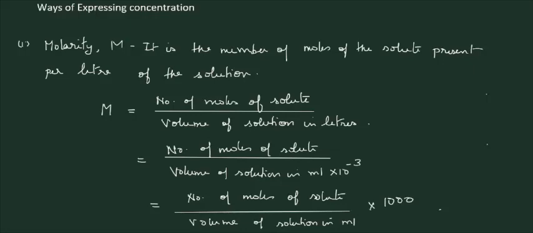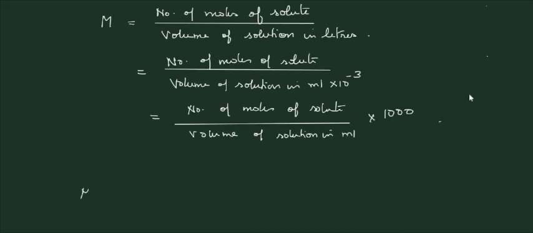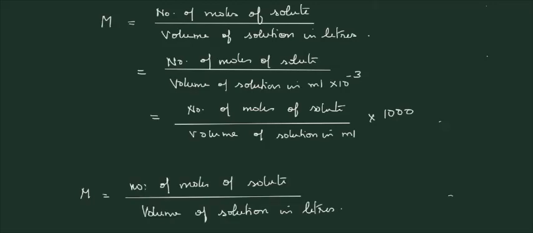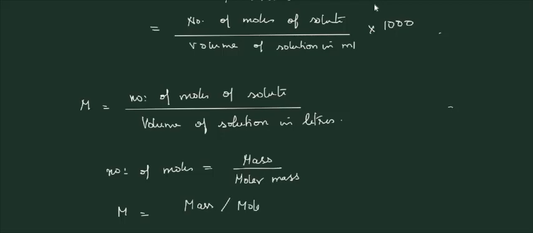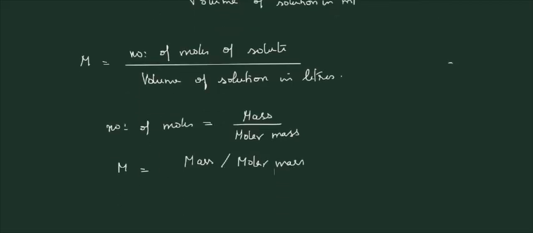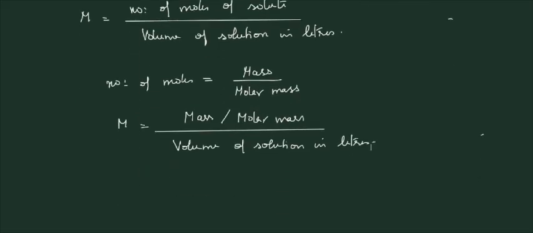Now we can get one more expression. We know molarity is equal to number of moles of solute by volume of solution in liters. And number of moles is equal to mass of the solute taken divided by molar mass. So instead of number of moles, we can write M is equal to mass divided by molar mass divided by volume of solution in liters. We can just rearrange this.